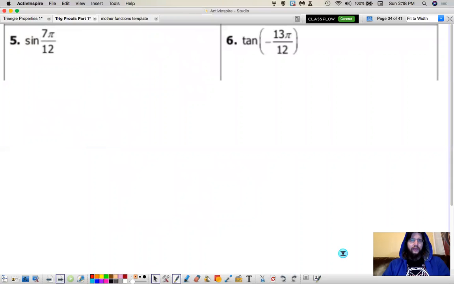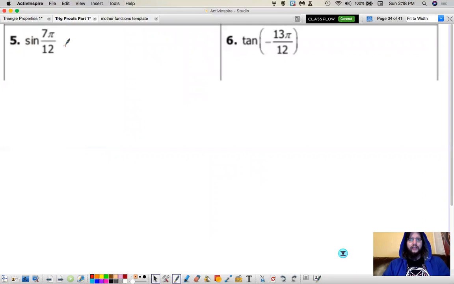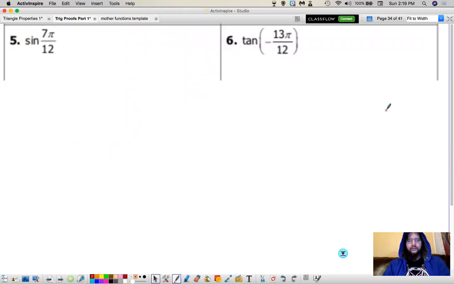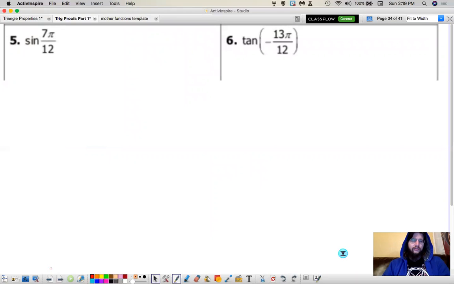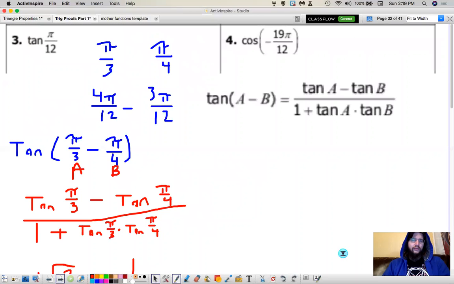All right, this is number 5: 7 pi over 12. Okay. Let's pause this. We might add, might subtract. We could probably play around with the numbers here. Let's see. That's going to give us what we need.